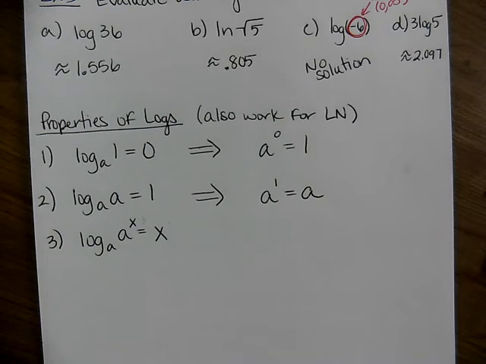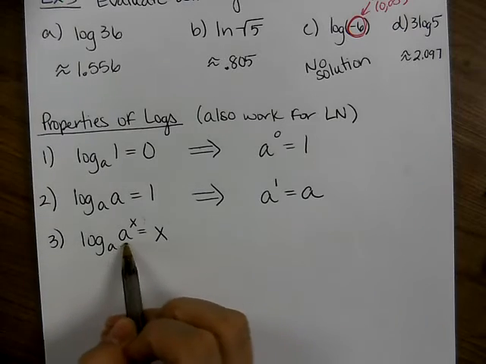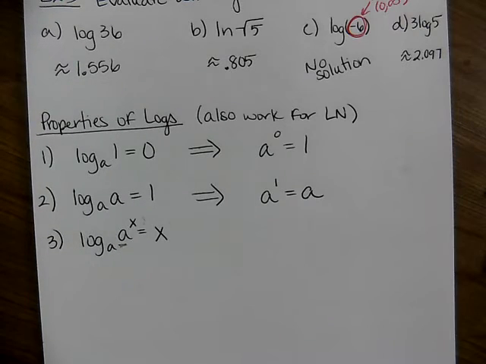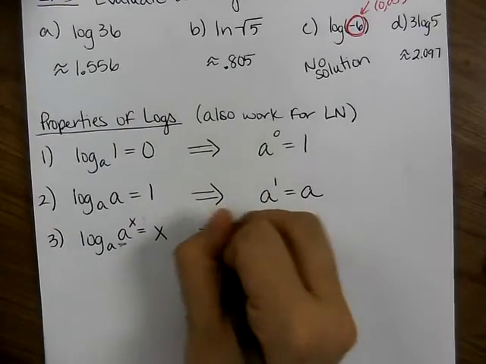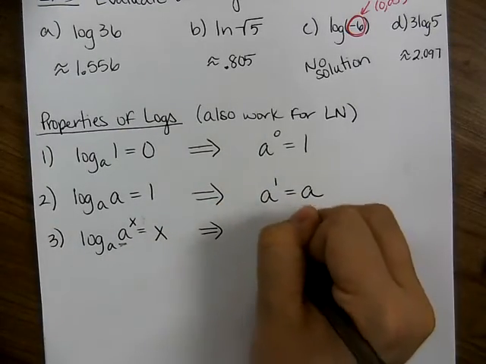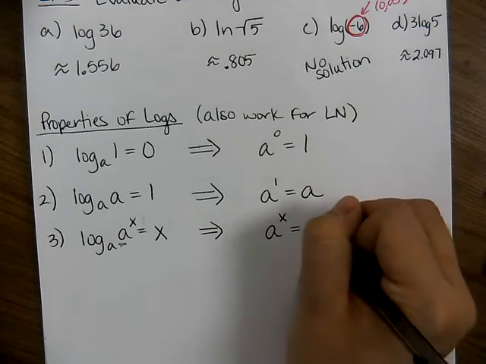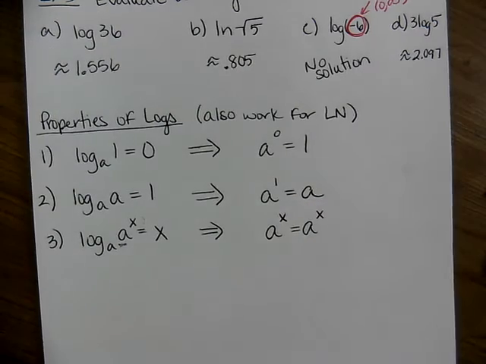So this is the one you pointed out, Jake, that when you have a log with a base and it has this same base here, when those two match, you can just always go right to the exponent. And if you think about changing this to exponential form, a to the x has to equal a to the x, doesn't it? Right?